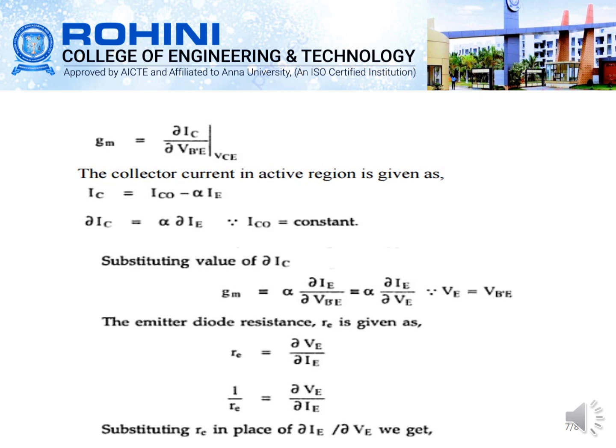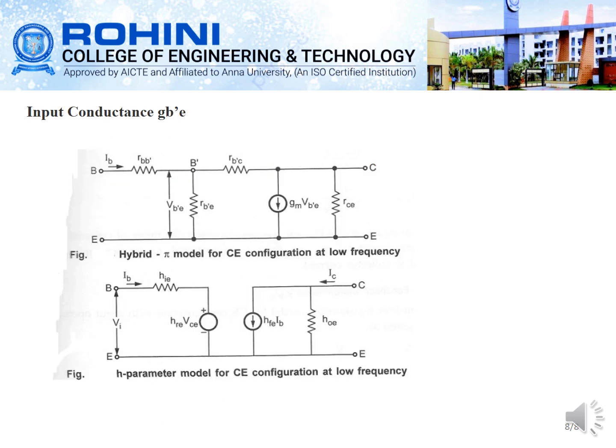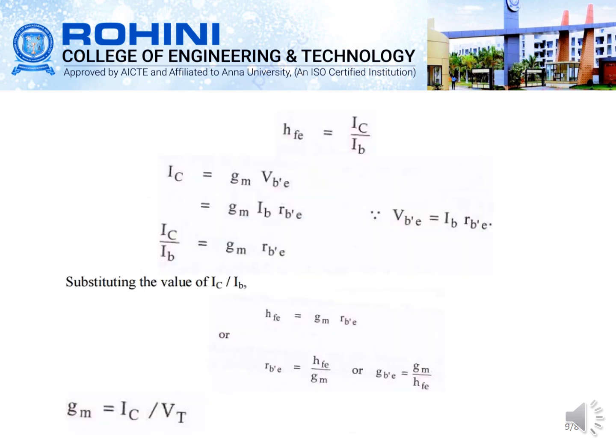The emitter diode resistance is given as R is equal to dou VB'E divided by dou IE, so 1 by R is equal to dou IE divided by dou VB'E. Here you can find the input conductance of the hybrid model of the CE at low frequency, and also the H parameter model of the CE at low frequencies.